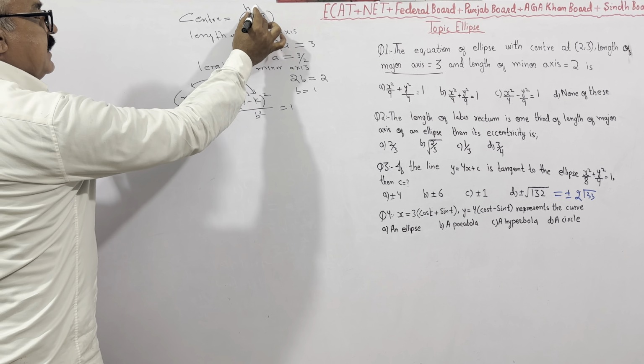And that is the transition in case when the major axis is along the y-axis. Just shift these two quantities. As I have mentioned at the outset, if I have taken the major axis along the x-axis, and if you take the major axis along the y-axis, just interchange these two quantities, x minus h with y minus k, nothing else.